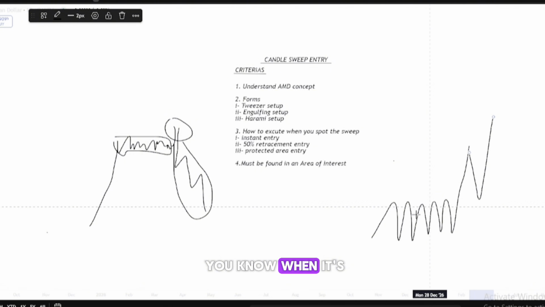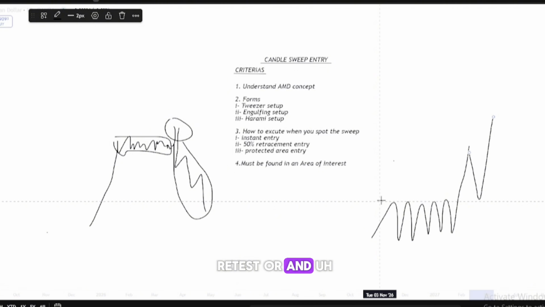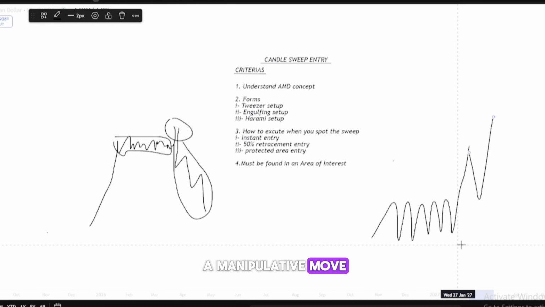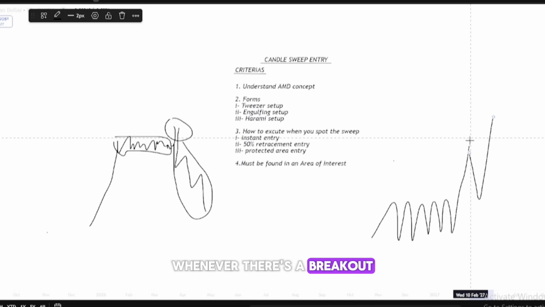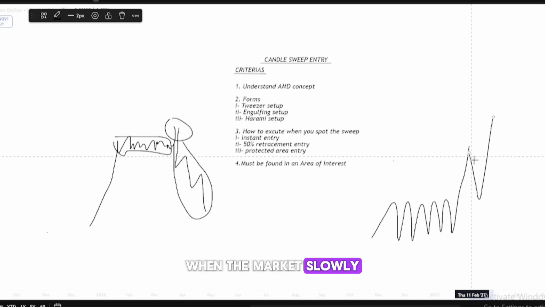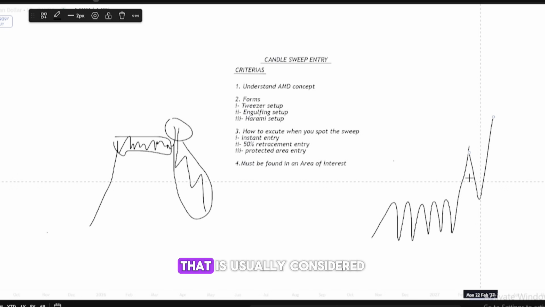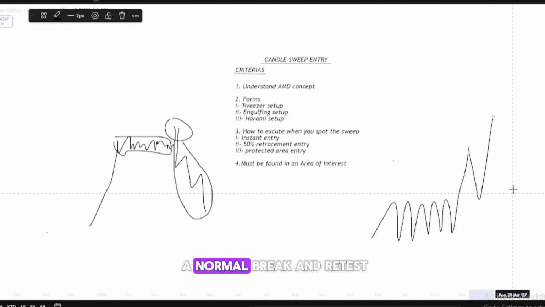So how do you know when it's going to be a normal break and retest or a manipulative move? This is a very simple way to understand that whenever there's a breakout of an accumulation phase like this, when the market slowly returns back to that area of interest, that is usually considered a normal break and retest.